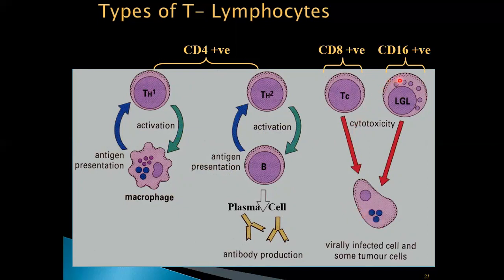Then the natural killer cell, or large granular lymphocyte, is CD16 positive. So you have to remember, maybe in the paper or in the viva you may be asked about these clusters of differentiation. The natural killer cells, large granular lymphocytes, are CD16 positive cells, the cytotoxic T cells are CD8 positive cells, and T helper cells are CD4 positive cells.